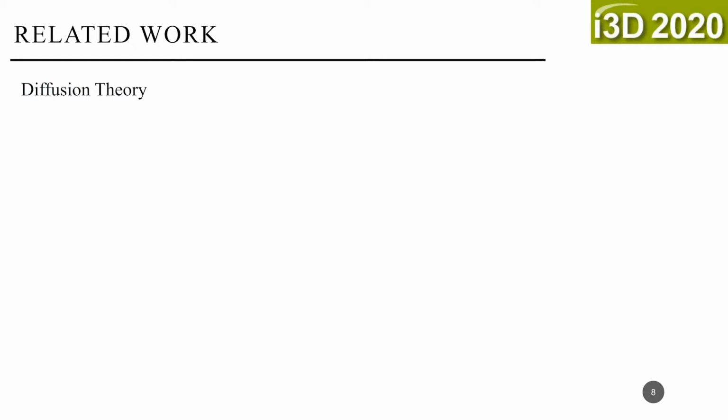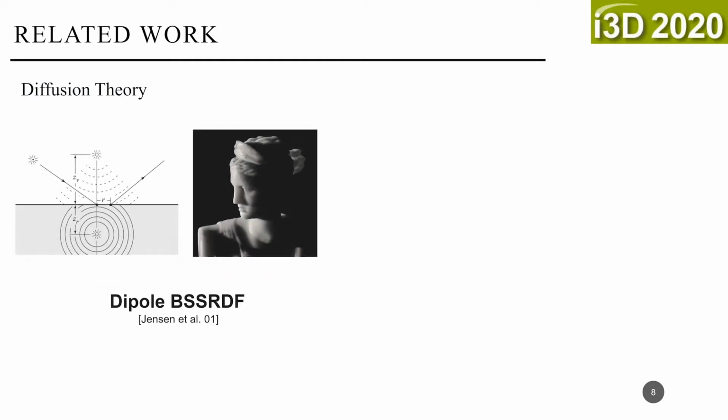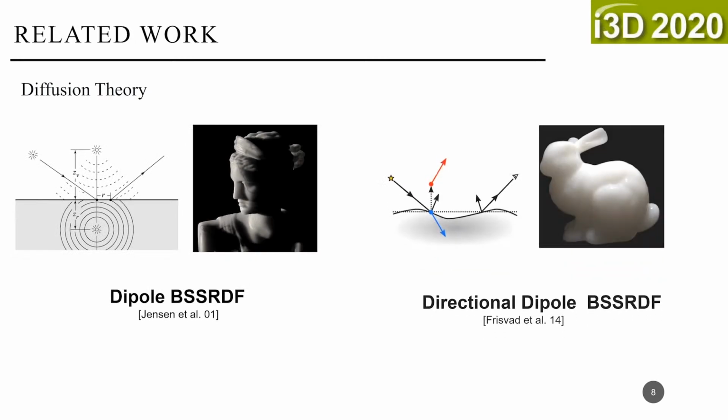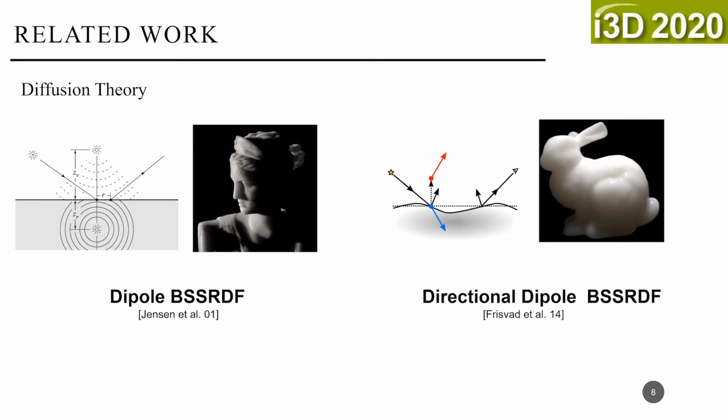Diffusion-based methods are very efficient at representing multiple scattering effects in high albedo materials, such as dipole BSSRDF, directional BSSRDF, and so on. These methods encode the multiple scattering response into a surface function that can be queried efficiently. However, in these methods, the material responses are not accurate.